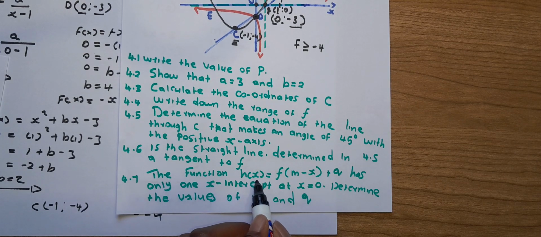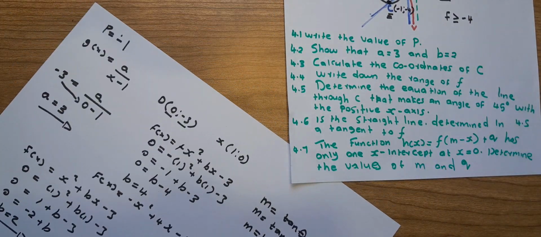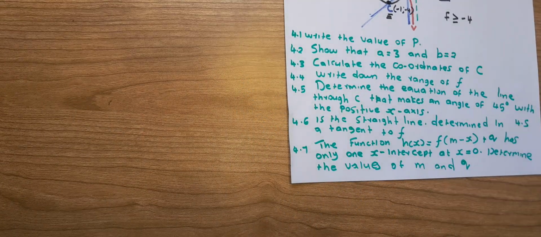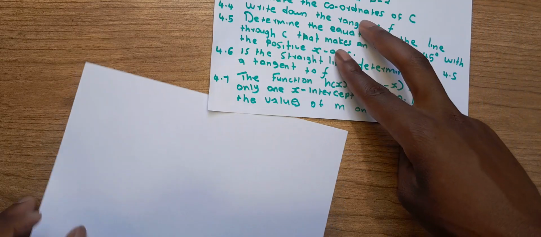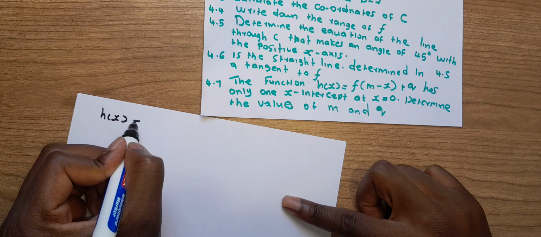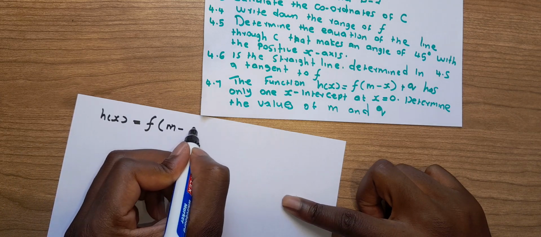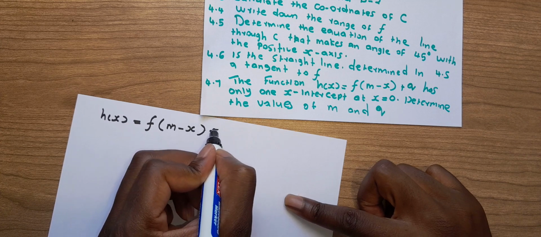The function h(x) equals f(m minus x) plus q has only one x-intercept at x equals 0. Determine the values of m and q. Okay, these are those questions that confuse a lot of people for absolutely no reason. Let's copy this. They are saying we're having h(x) that equals f(m minus x) plus q.